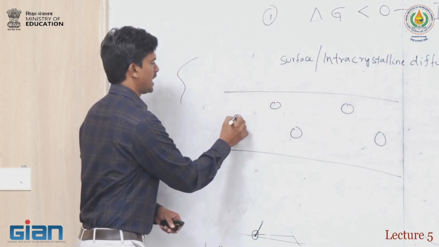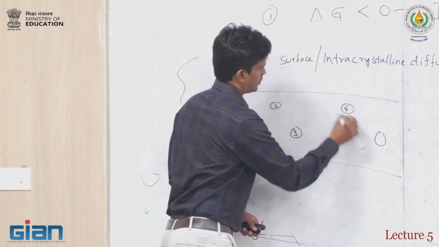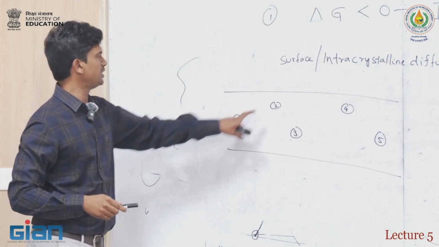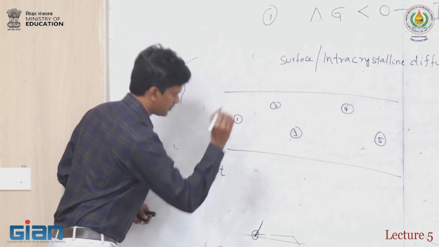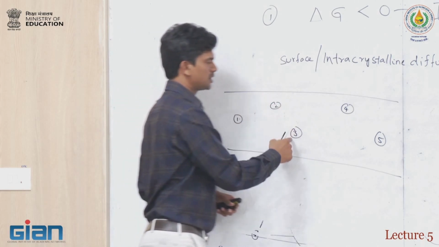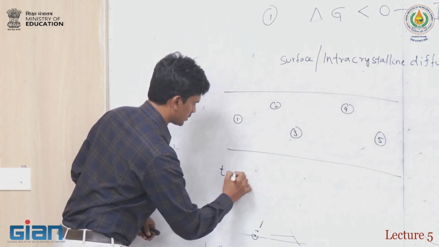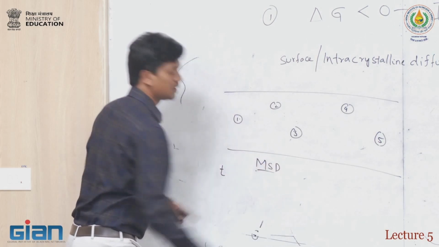We tag each molecule with one number, right? So then we compute the mean square displacement of each particle. That means with respect to time, how much the first particle traveled, how much the second particle traveled, how much third, fourth, fifth, and so on, right? So you calculate the mean square displacement.